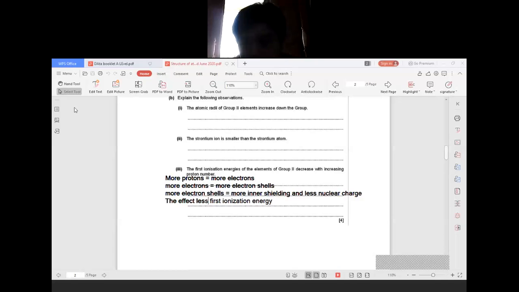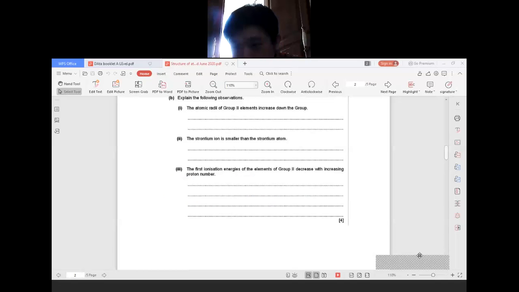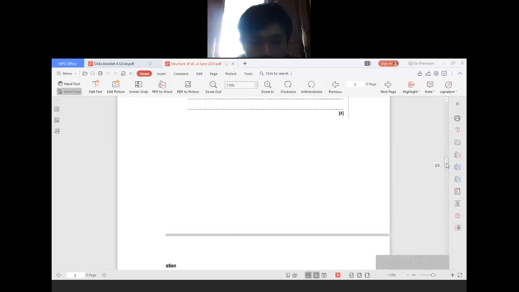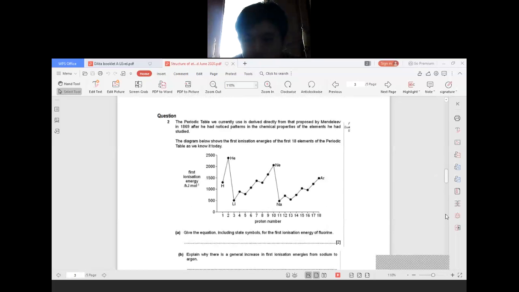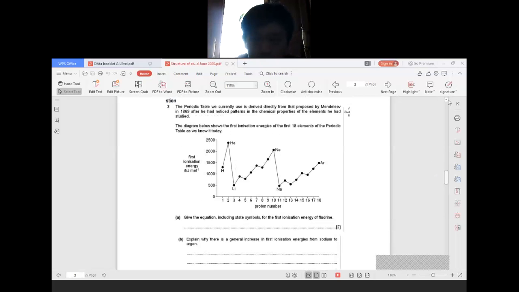Next question. The periodic table we currently use is derived directly from that proposed by Mendeleev in 1869, after he had noticed patterns in the chemical properties of the elements he had studied.